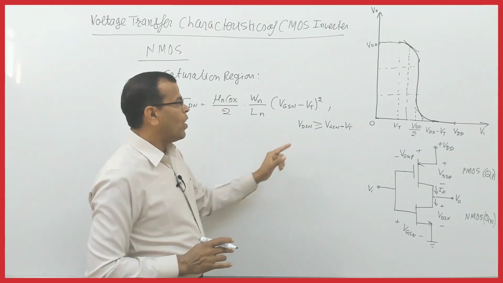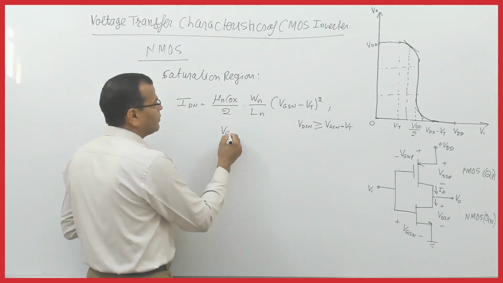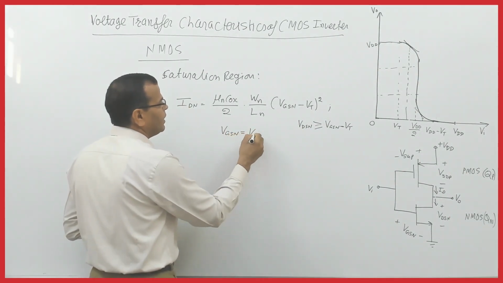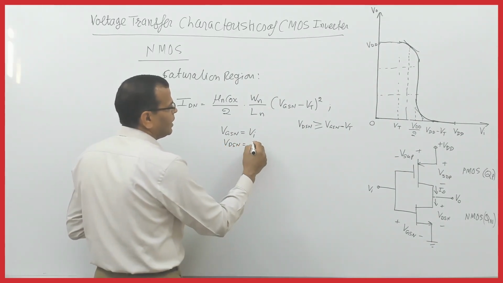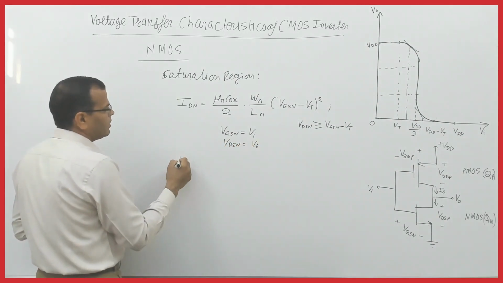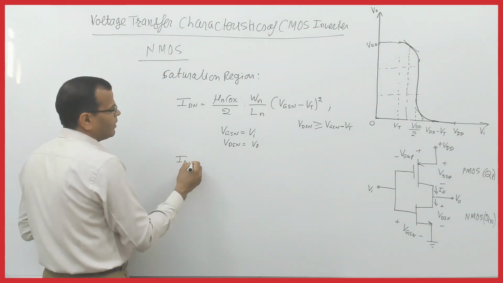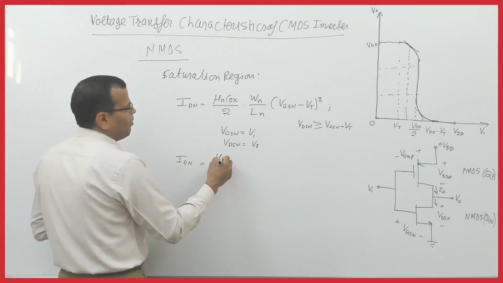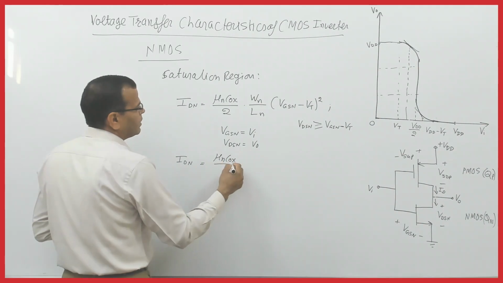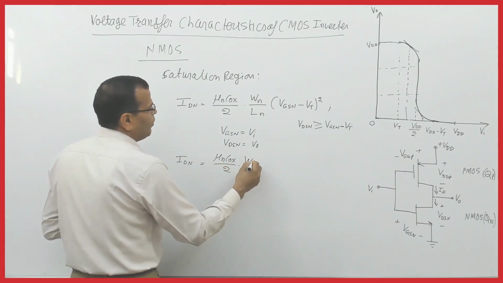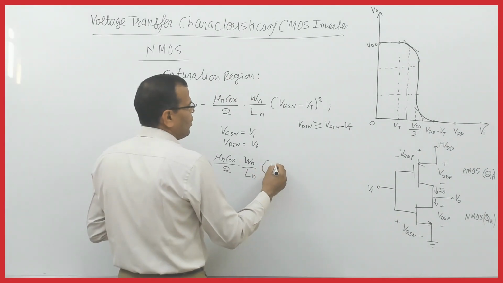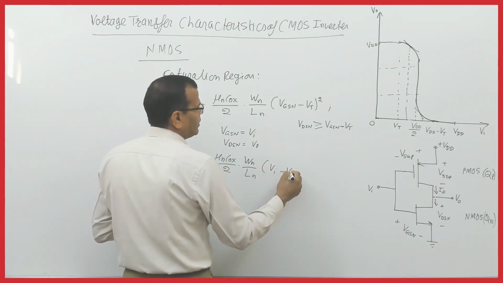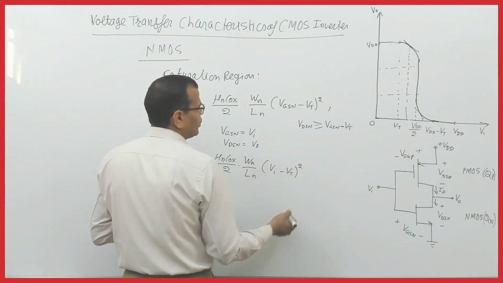Now, again, what is VGSN? I have just given you the expression, that is Vi. What is VDSN? I have just given you the expression, that is V0. So what I get? The drain to source current is equal to mu n C naught x by 2 Wn by Ln into (Vi minus threshold voltage) whole square.